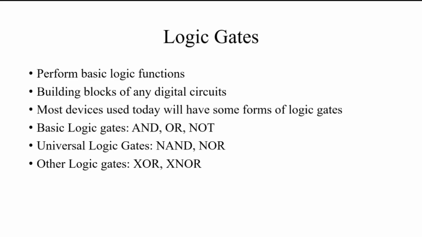When we talk about basic logic gates, there are three: AND, OR, NOT, because we can construct any digital circuit by using only these three logic gates. No additional logic gates are required.